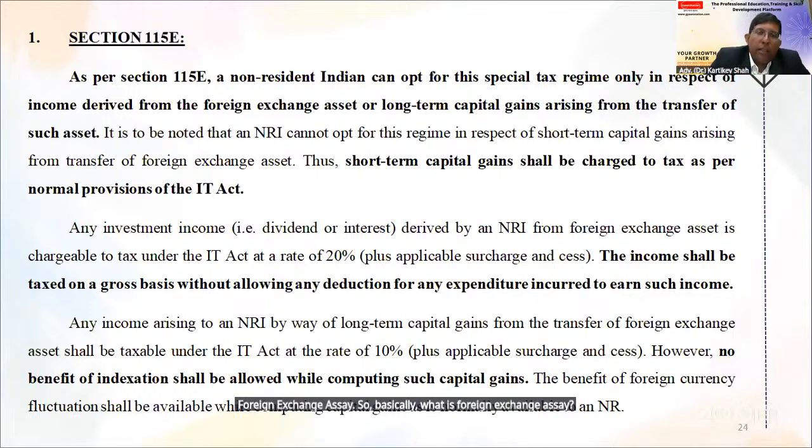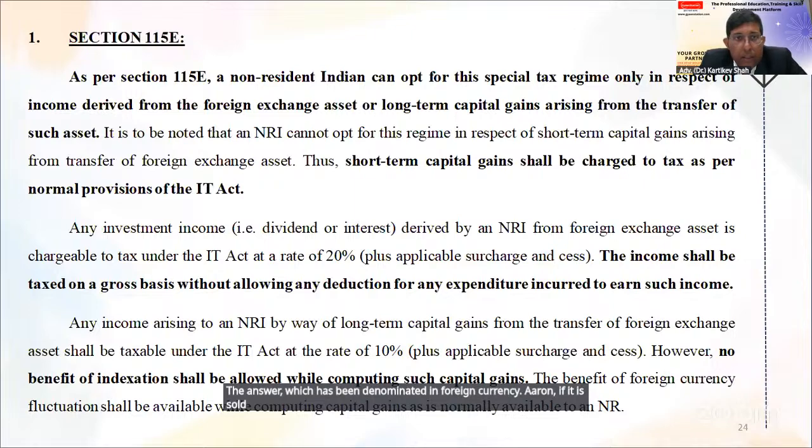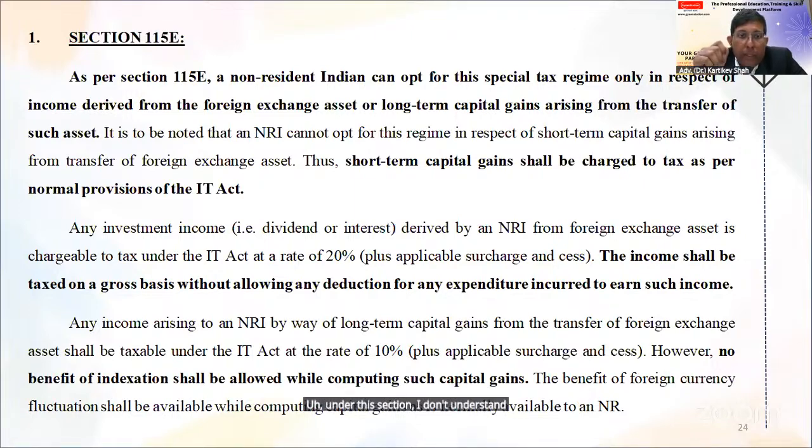The asset which has been denominated in foreign currency, and if it is sold, then under this section, a non-resident can straight away pay the 20% tax, right, without getting into the normal tax slabs. And he will not be allowed any deduction for any expenditure, and not even the benefit of indexation.